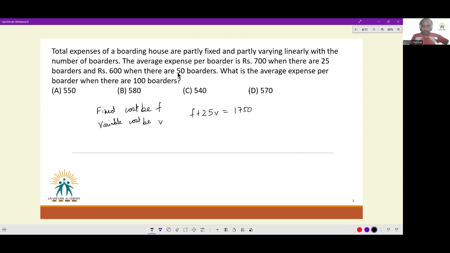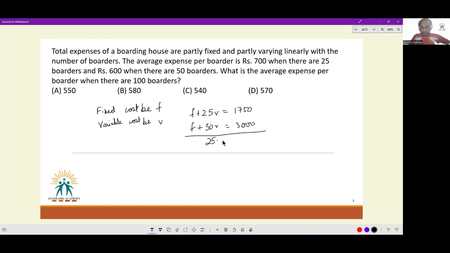And when there are 50 boarders, 600 into 50 is 3000. There the equation is F plus 50V. So now we have simultaneous equations framed.